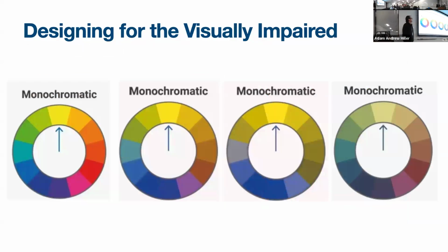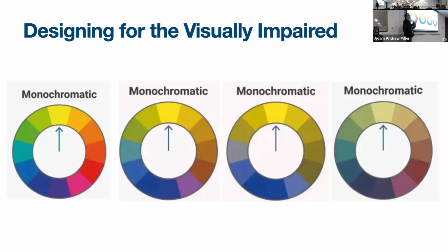When you're designing, and I should probably have changed this, I don't like this phrasing of designing for the visually impaired. Disability is a social construct. Somebody who's colorblind doesn't have an impairment. They just perceive the world in a different way from a larger part of the population. But there's a nice website, coolers.io, that will allow you to pick a color scheme and select all the different kinds of color blindness to see how your color scheme comes up.